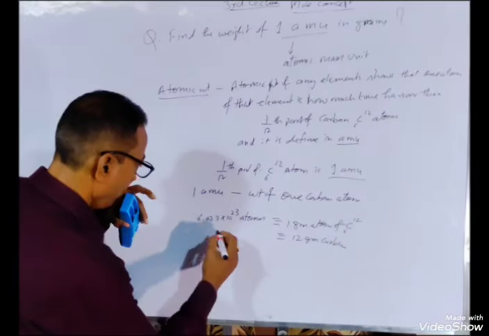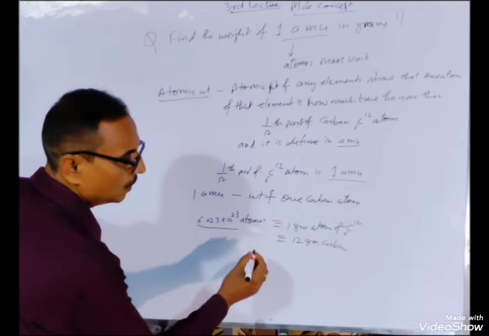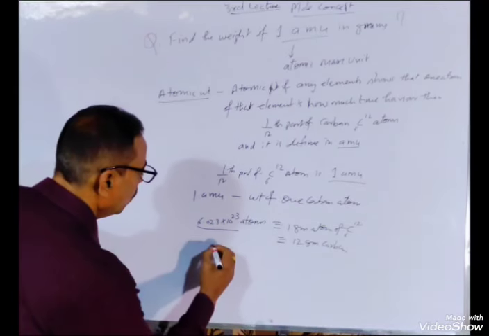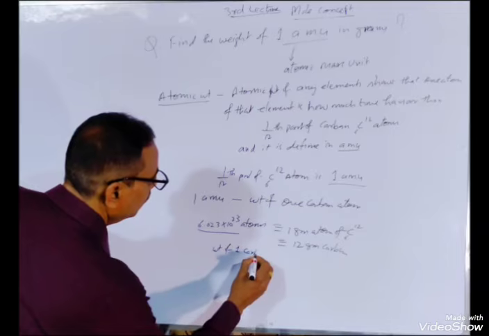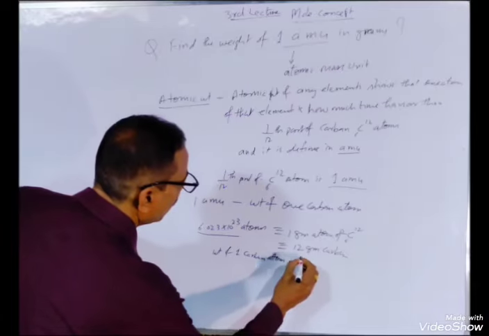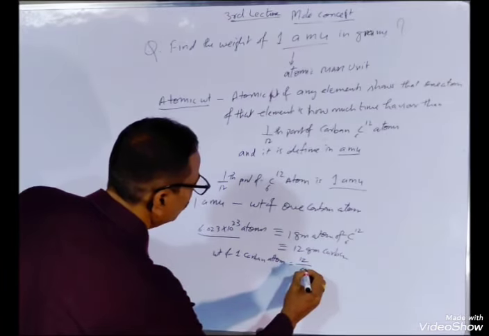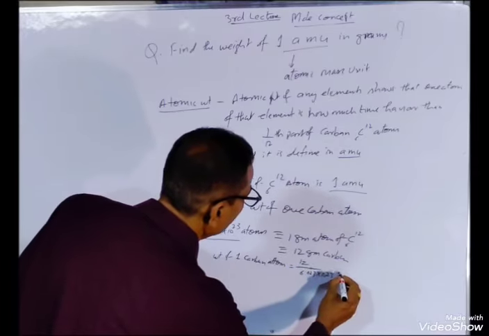So the weight of this number of atoms is 12 gram. So the weight of 1 carbon atom is 12 divided by 6.023 into 10 power 23 grams.